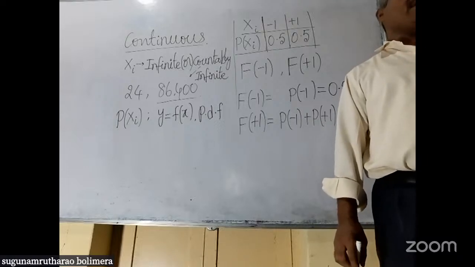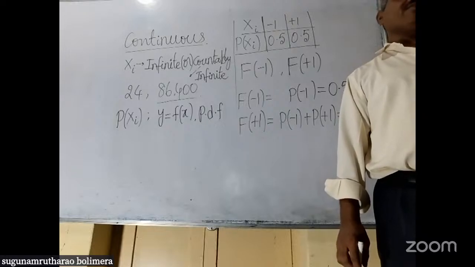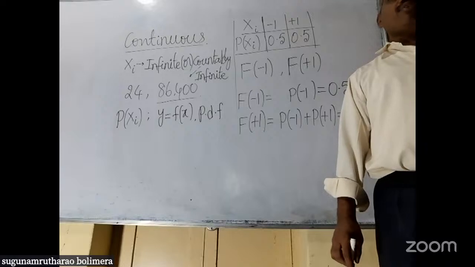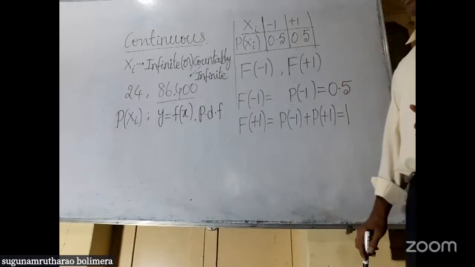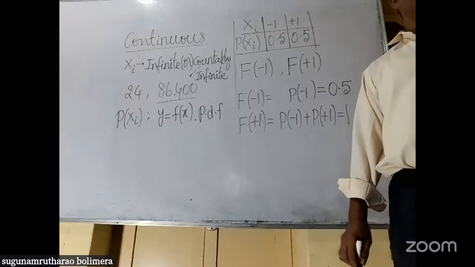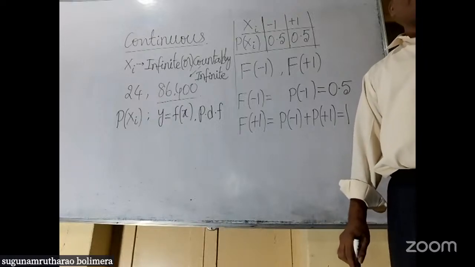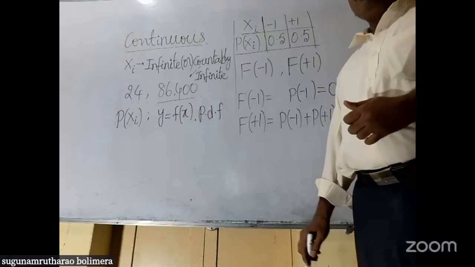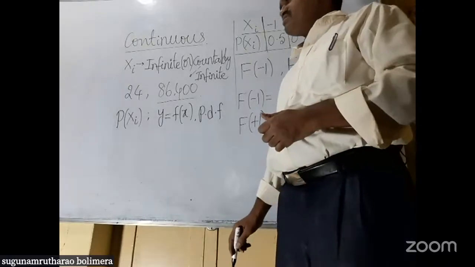Whenever a continuous random variate is there, we call it the probability density function. Okay. Now the sum of all probabilities.